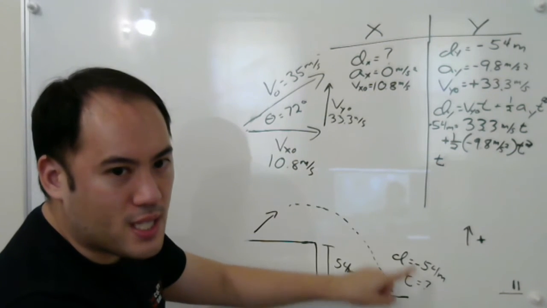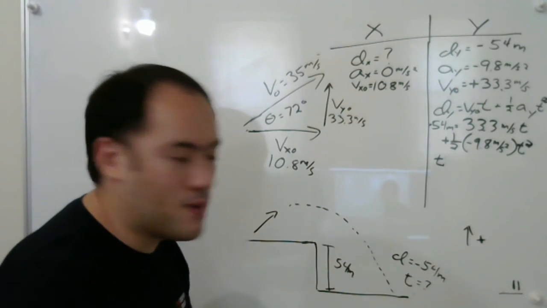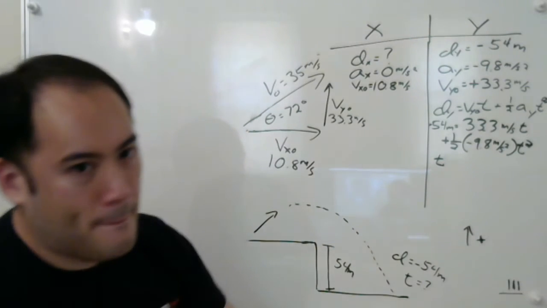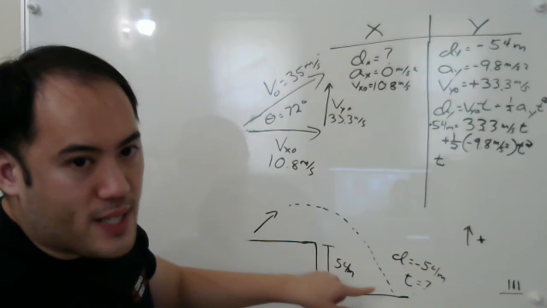Why will this give us two answers? And then what do we do with those two answers? Tell me right now. Hopefully you realize we ignore the negative answer.